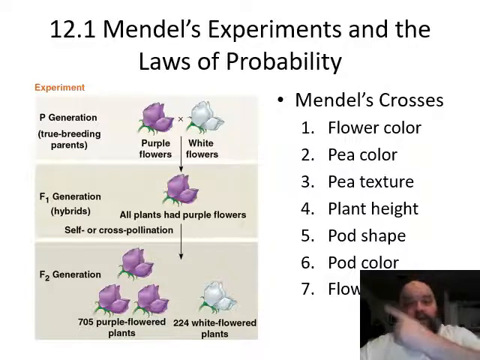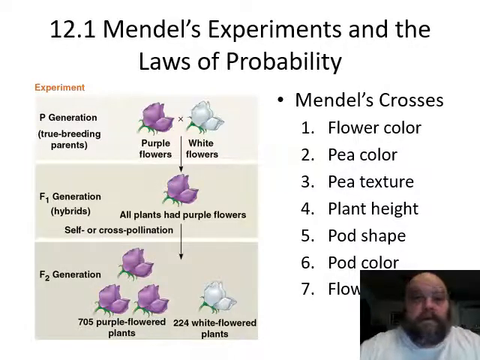You notice an example of one of his experiments to the far left over there. The P generation, the true breeding parents. One plant had purple flowers, another plant had white flowers.